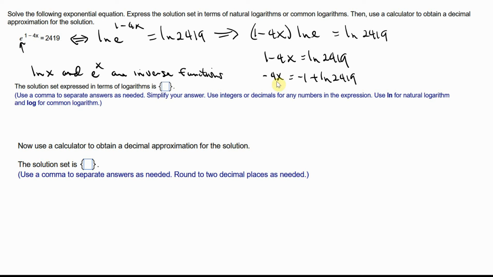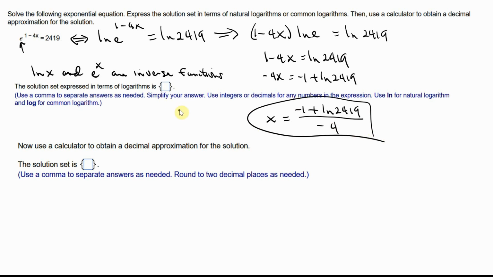Now divide both sides by that negative 4, and so we get x is equal to negative 1 plus the natural log of 2419 all over negative 4. So that's what you're going to put in that first box. You're going to type in negative 1 plus the natural log of 2419 all over negative 4.